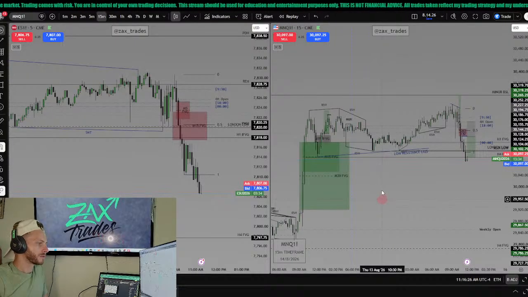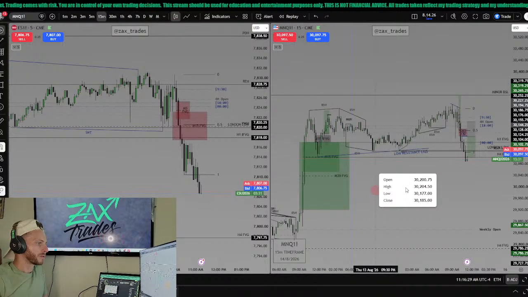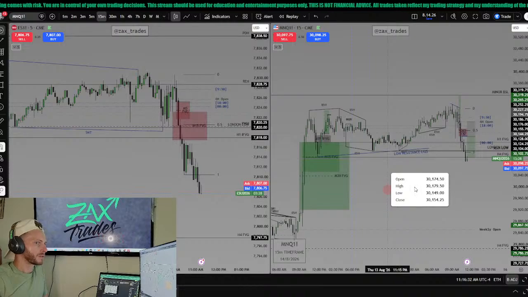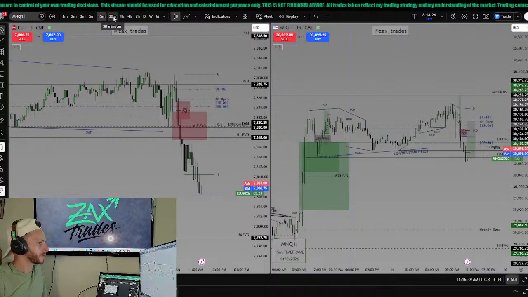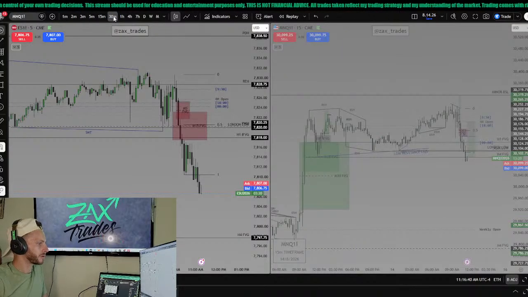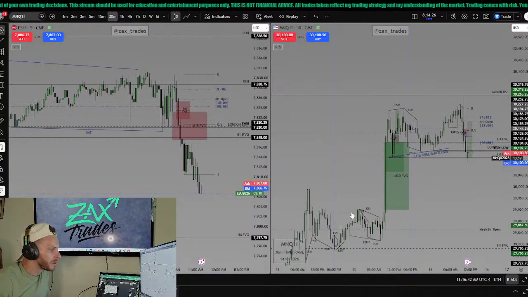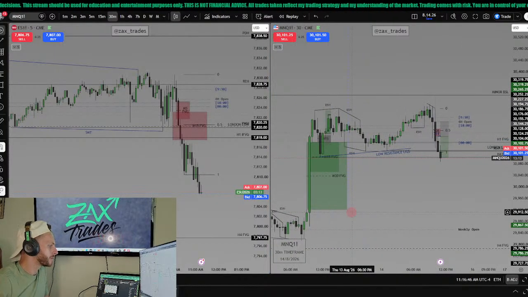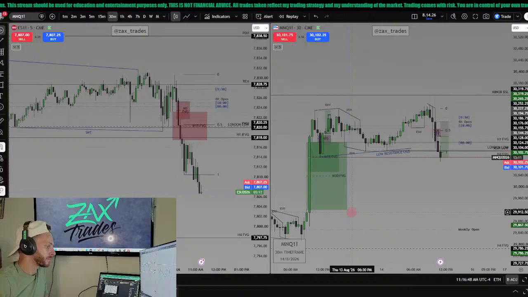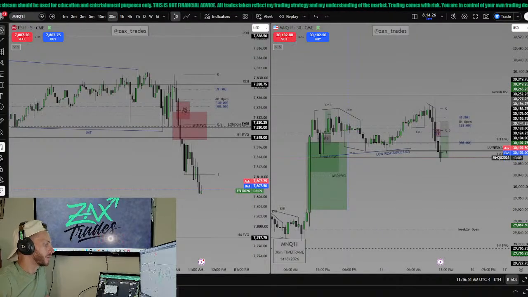Okay. So if we look at, say, the 30-minute chart here, now, why do I like this equilibrium so much? I'll tell you.